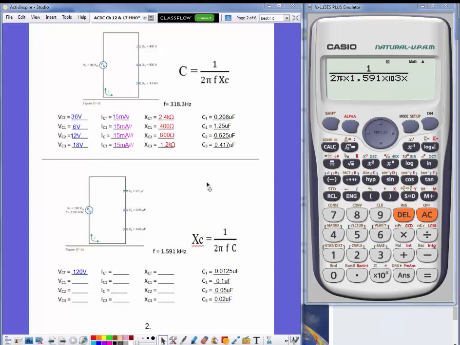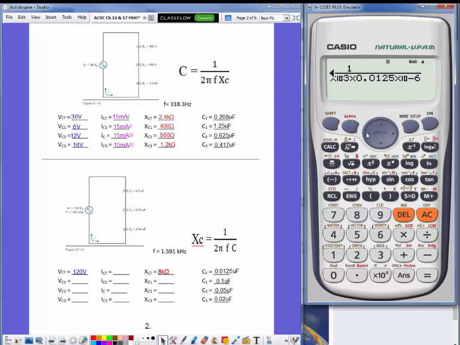So the next thing I need to do is enter my total capacitance amount, 0.0125 times 10 to the negative 6 for micro. And that gives me a total capacitive reactance of 8K ohms.